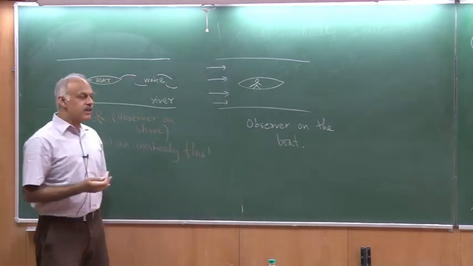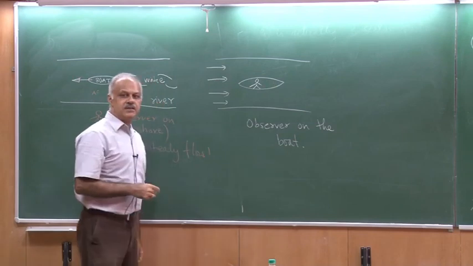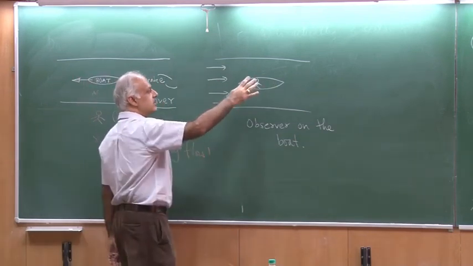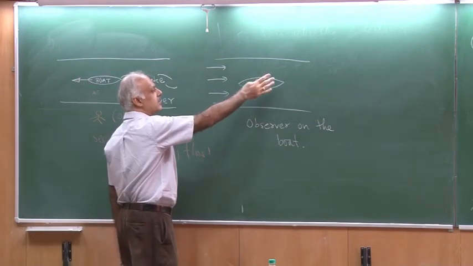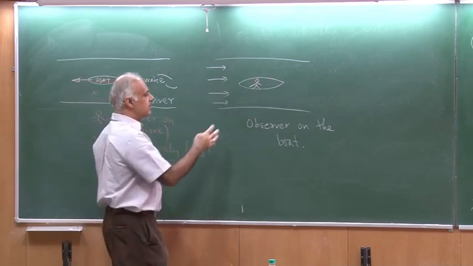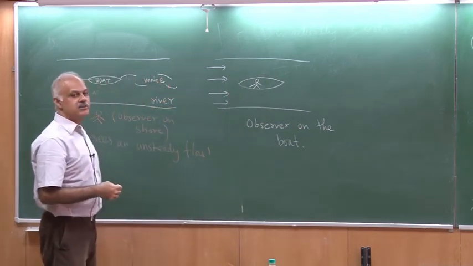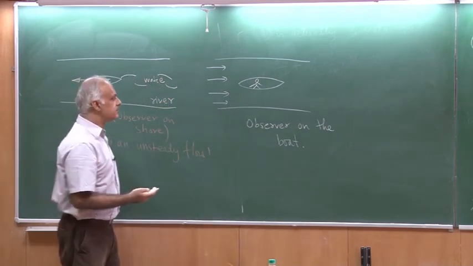I mean, I could have another observer who is on a different boat and is traveling with the same speed, or I could have an observer who is on a helicopter and who is following this boat. So, we are not talking about the observer being actually on the boat, but the point is the observer is moving with the speed of the boat.